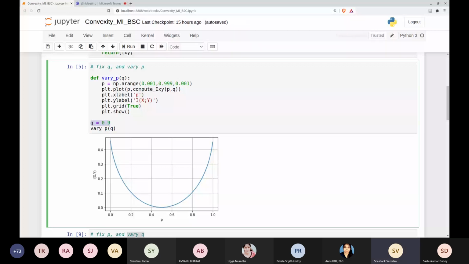Any question? Was that clear? Yes, sir. In the assignment, there was a similar question, like Z is equal to X or Y. When we found the distribution of Z, it was Bernoulli half. Also, X was Bernoulli half, and Y was Bernoulli P. So it is similar to a binary symmetric channel.